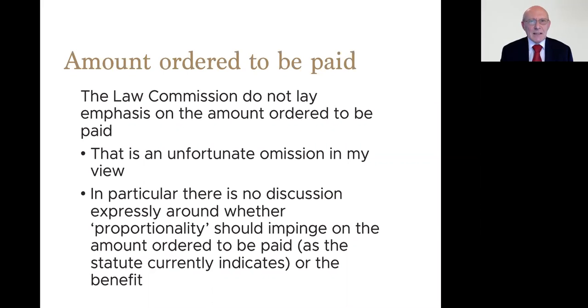And if that is a disproportionate amount to order to be paid, then the confiscation order has got to be reduced to a proportionate figure. So under statute, proportionality comes right at the end of the process. It doesn't reduce benefit. It doesn't reduce available amount. It doesn't reduce recoverable amount. It reduces the amount ordered to be paid.